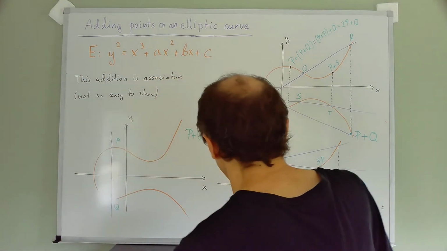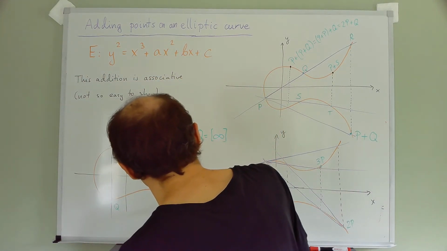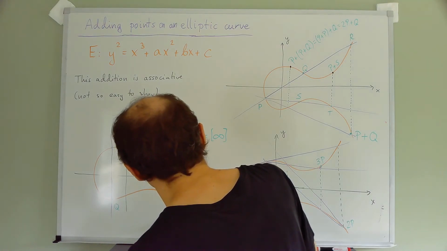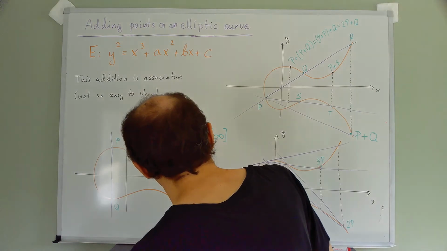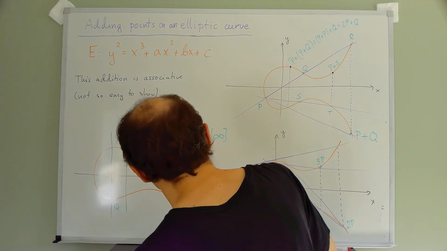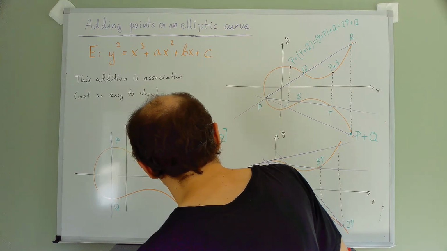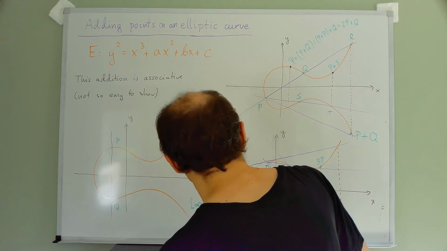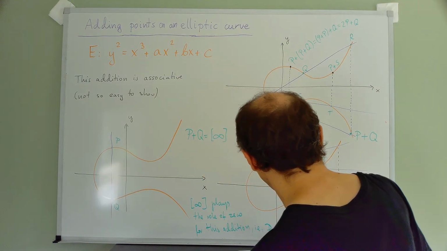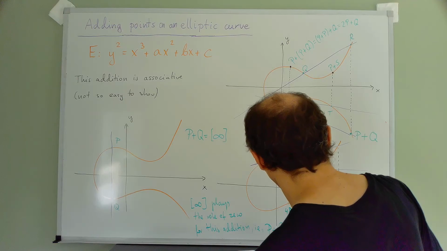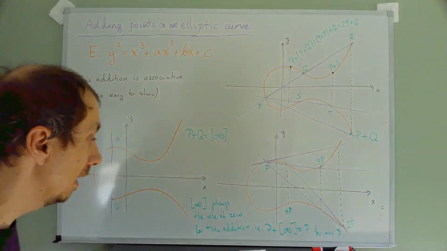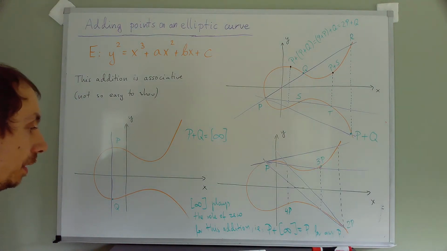So infinity plays the role of 0 for this addition, i.e., p plus infinity is p for any p. For any point, when I add this infinity to them, I get back p.